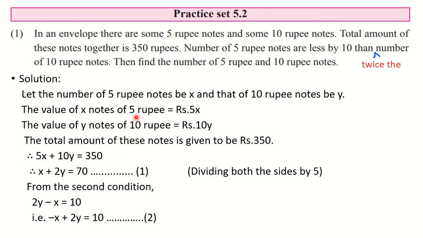Okay, you can skip these 3 statements, but I have written here to make you understand. Okay, for your better understanding, I have written these 3 statements. You can simply write down according to first condition, and directly also you can write down the equation if you understand it. Okay.